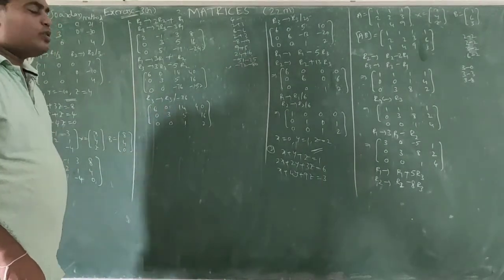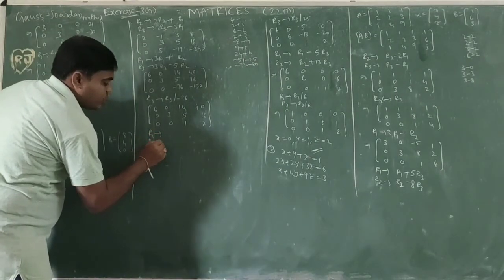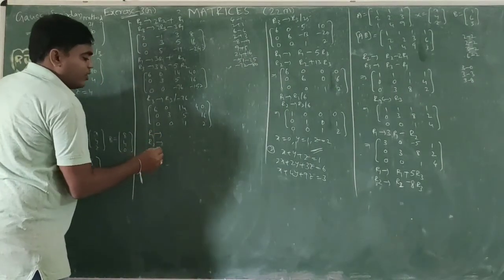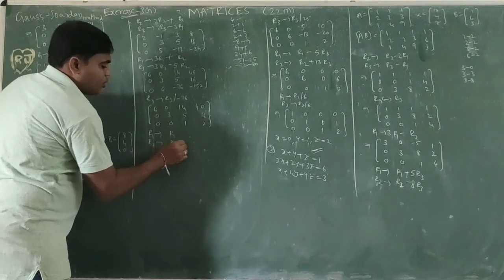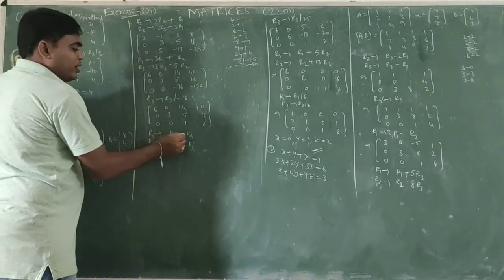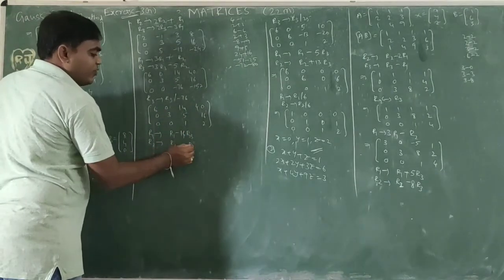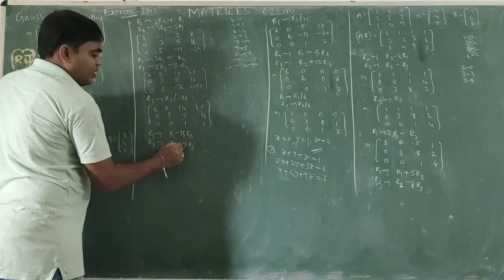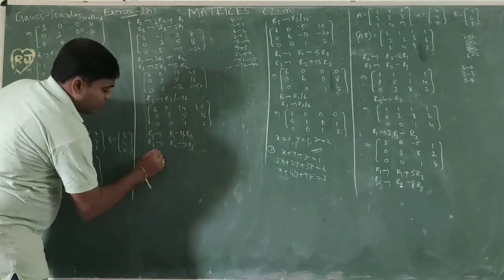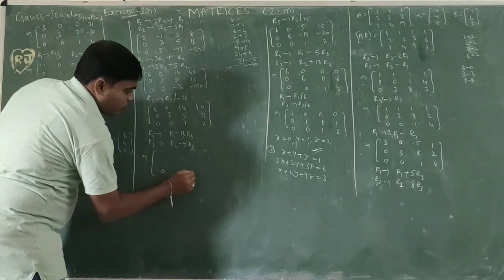These two we should convert to 0. R1 and R2 change with the help of R3. So it is 14, it is 1. Now it is balanced, same sign, minus. This is 5, 1, write 5. Same sign, minus. So we are changing R1 and R2; R3 unchanged: 0 0 1 2.